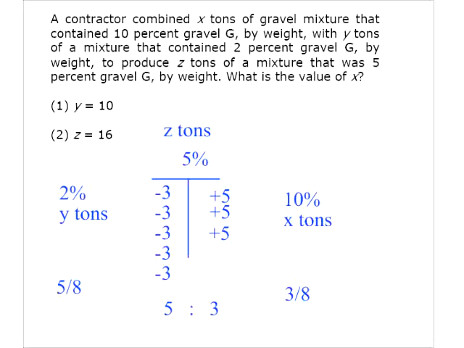They want to know what is X. If they tell me that Y is going to be 10 tons, then the answer is D. 10 tons is 5/8 of the mix, so I can certainly figure out what 3/8 would be. And if they tell me that the whole mix is 16 tons, I'll just take 3/8 of that. Looks good.